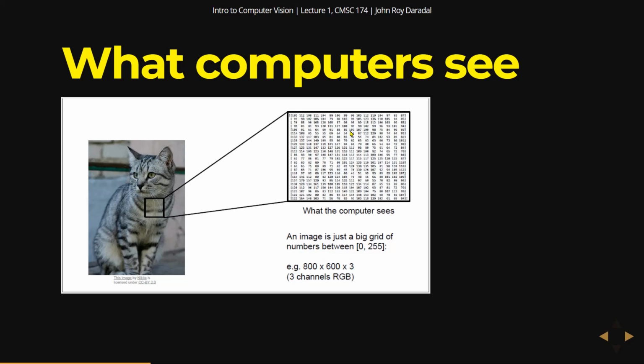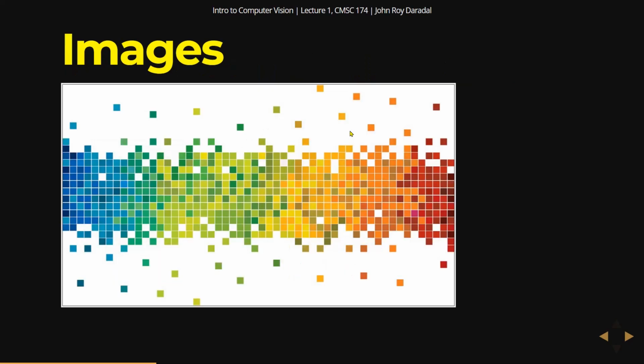There's a big gap from numbers to perception, and that gap is supposed to be bridged by computer vision.